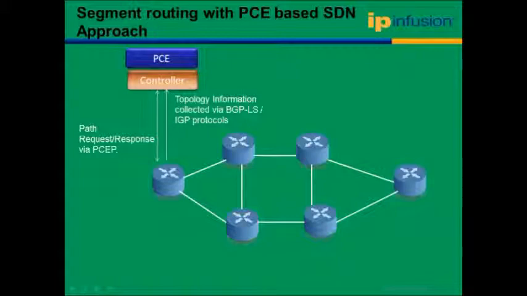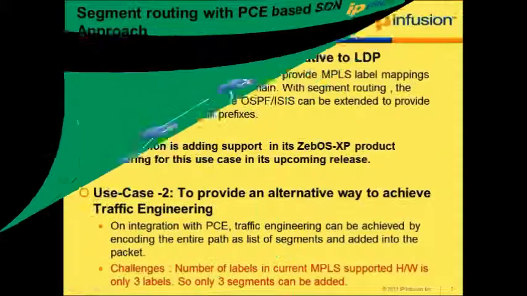Since segment routing has helped us model the entire network in terms of segments, this information can be easily programmed from an external controller, and the rules can be injected into the ingress nodes. This is how we can achieve SDN using segment routing.